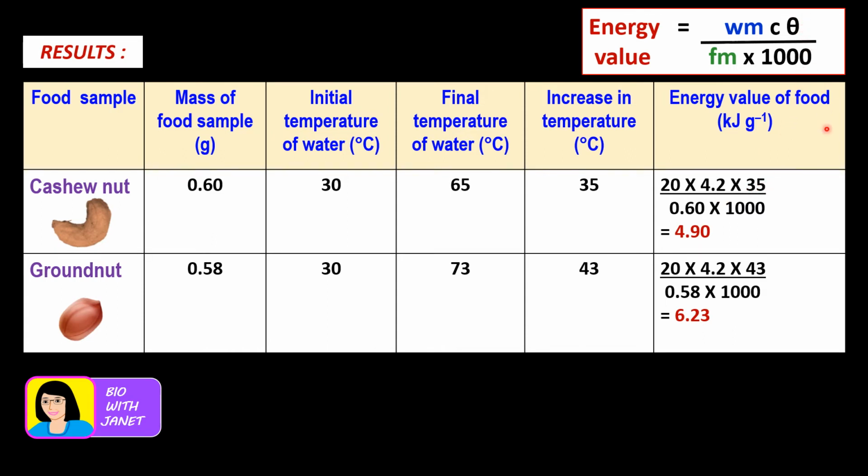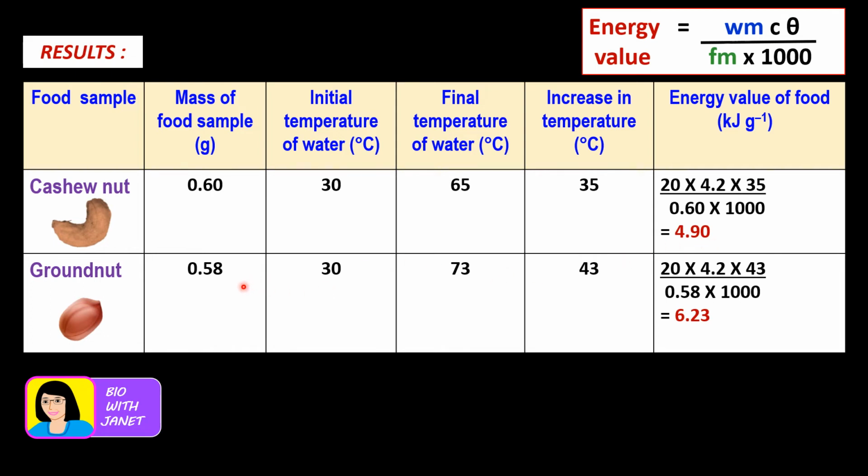Theta is the temperature rise, and this is 35 degrees Celsius. Divided by the mass of food sample, which is 0.60, and divided by 1000 to convert the joules to kilojoules. So our answer is 4.90.